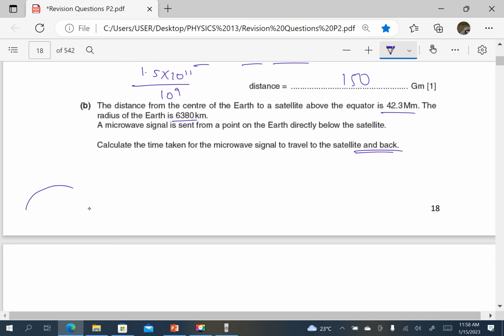If this is the Earth, whose radius is known as 6380, and the satellite is somewhere there in space, then they have said the distance from the satellite to the center of the Earth is 42.3. So it means the distance from the surface of the Earth to the satellite, we subtract these two values.